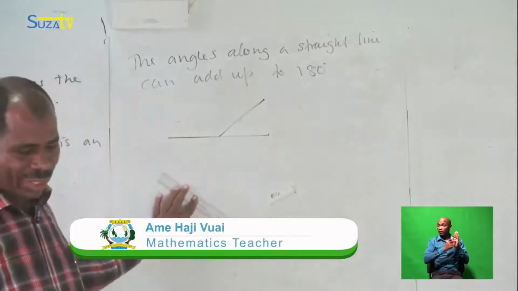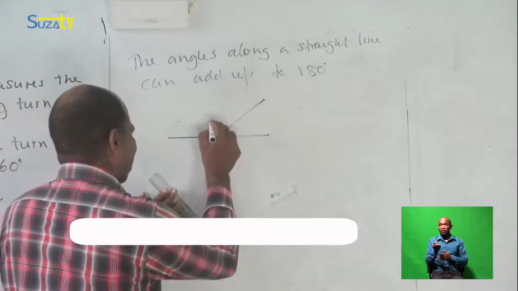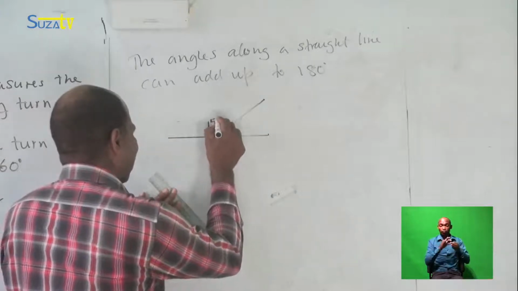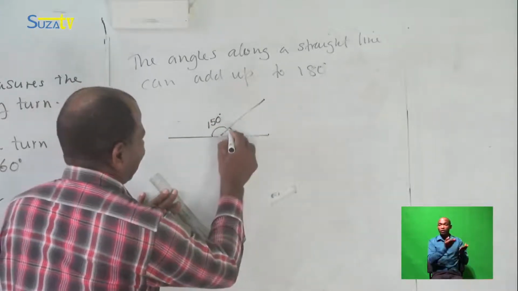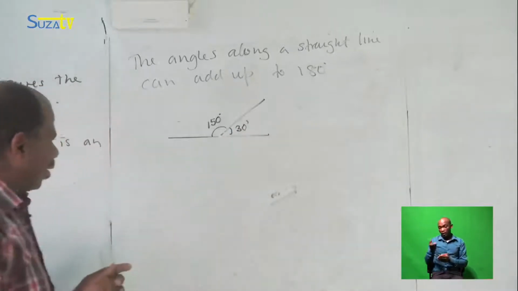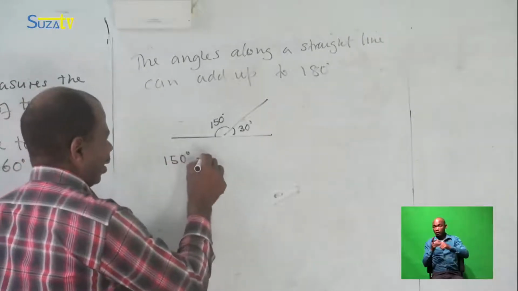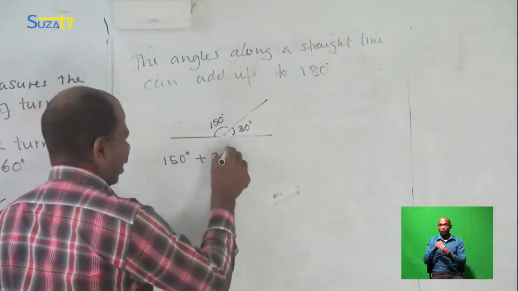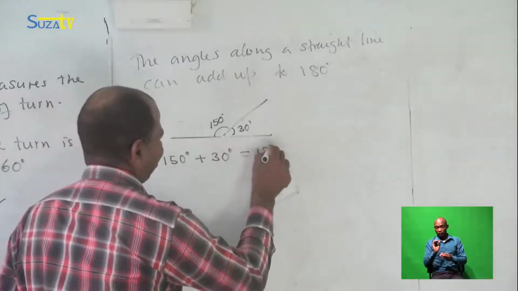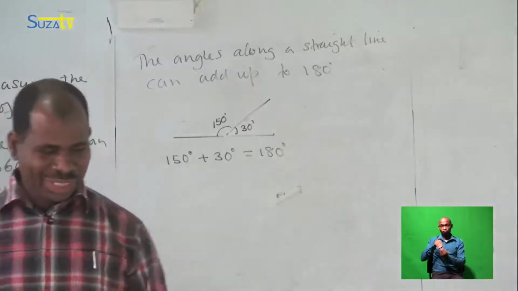If we measure this, it is 150 degrees, and this one is 30 degrees. So, adding 150 degrees plus 30 degrees is equal to 180 degrees. These are angles on a straight line.